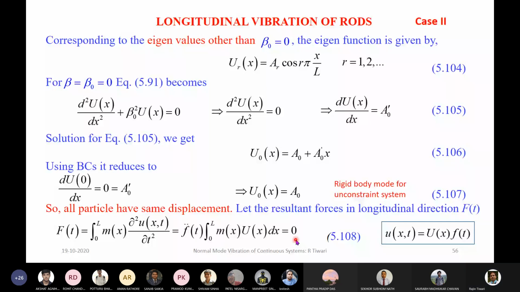Finally, because in the free vibration there is no resultant force, we are keeping Ft equal to 0. So we got this integral equal to 0 because the small f of t cannot be 0. This expression I have written again here.